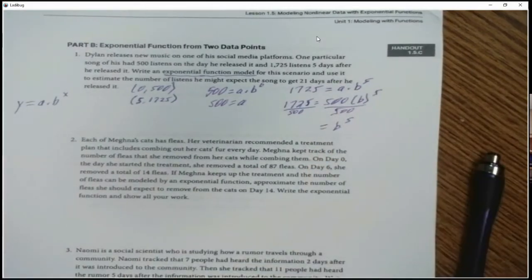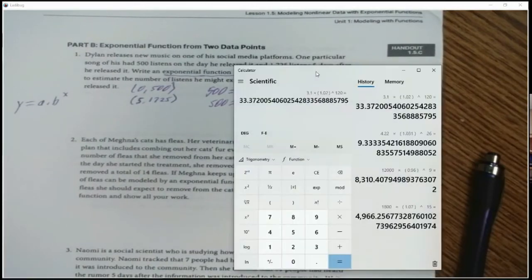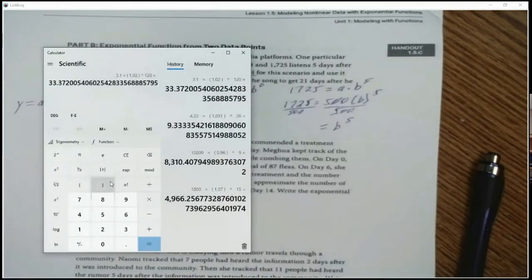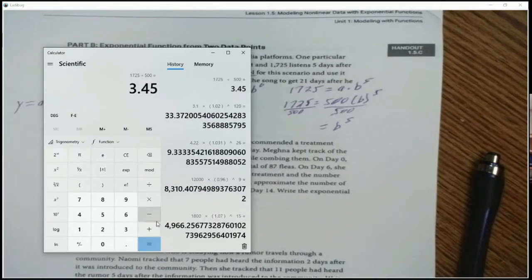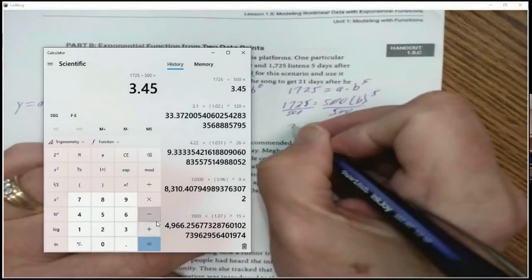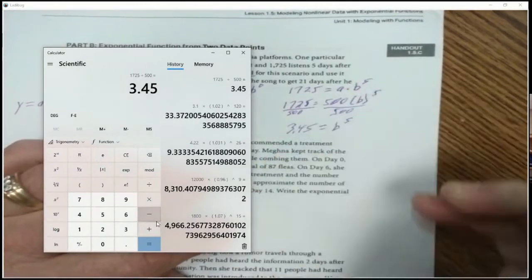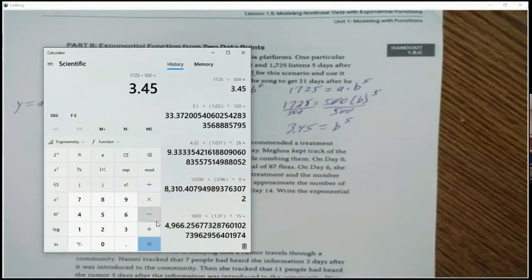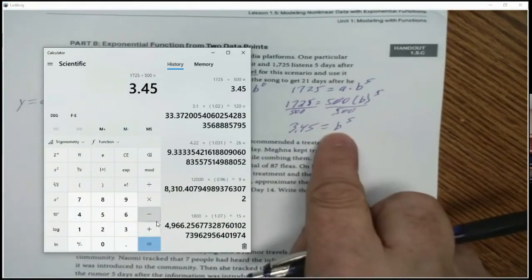Let's see what 1725 is when you divide it by 500. 1725 divided by 500 is 3.45. So we're almost there. We don't know what b is, but we know what b to the 5th power is.